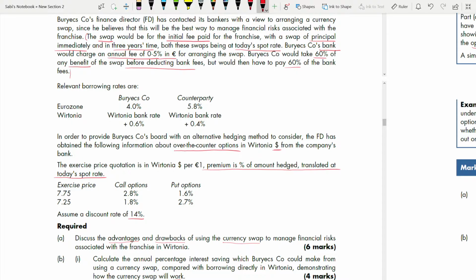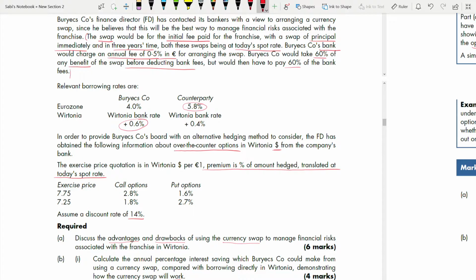Just see which one is greater. Counterparty is having a greater fixed cost, and when you go to the variable rate, that is Vertonia bank rate plus 0.6 and Vertonia bank rate plus 0.4, this one is having a bigger variable rate.